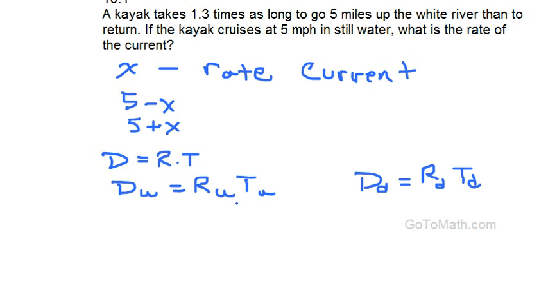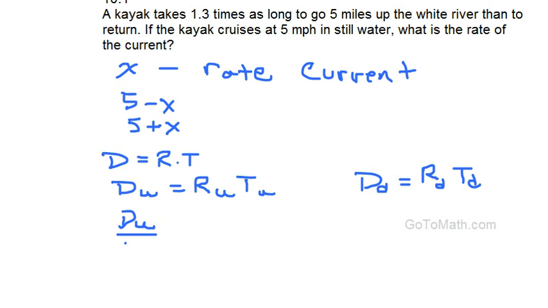Okay, and let's go ahead and solve for time. What do we want to solve for here? The time upstream. Okay, we're going to do this. So we got the distance upstream.